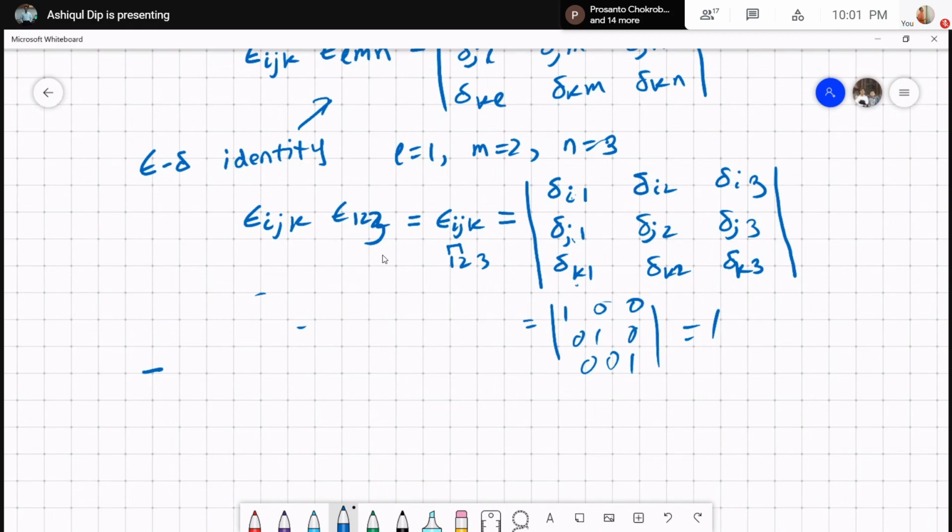Right? Yes. Okay, so I think we have convinced ourselves that the Levi-Civita Kronecker delta identity, the epsilon delta identity, is correct, right?